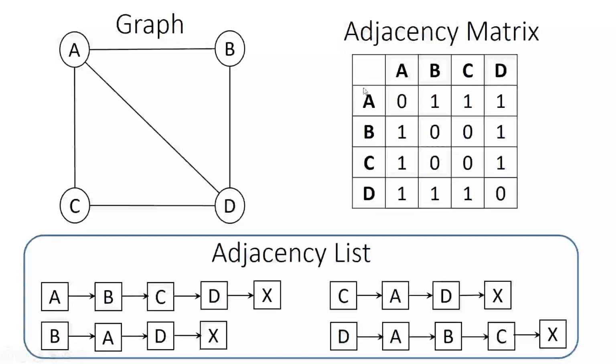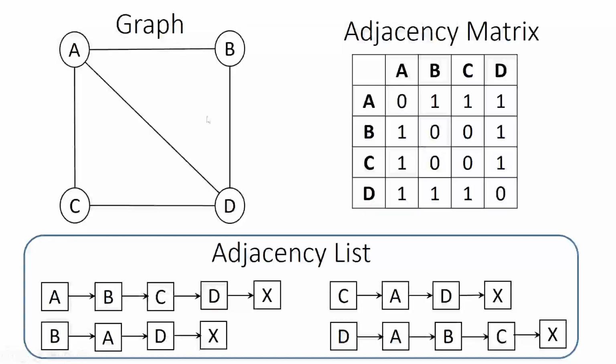First, the adjacency matrix. As I already told you, we have vertices as rows and columns. Rows are the source vertex and columns are the destination vertex. A to A, because we don't have any self loops, all diagonals will become 0.